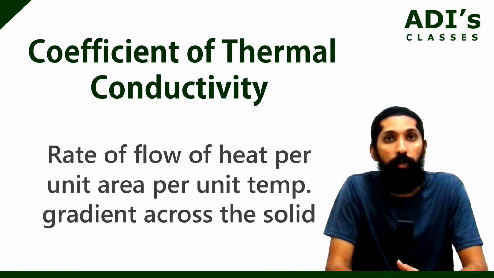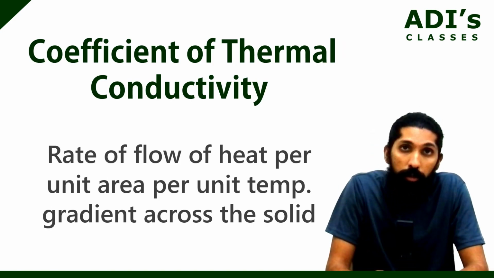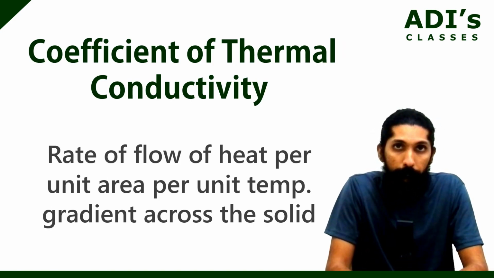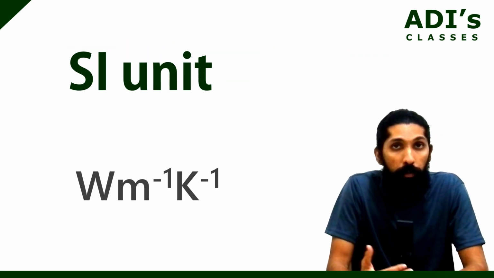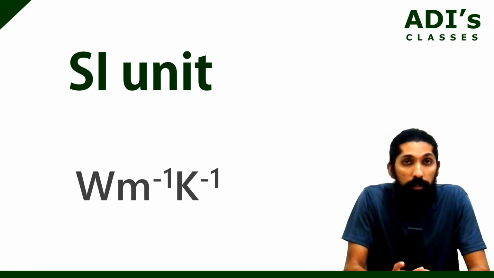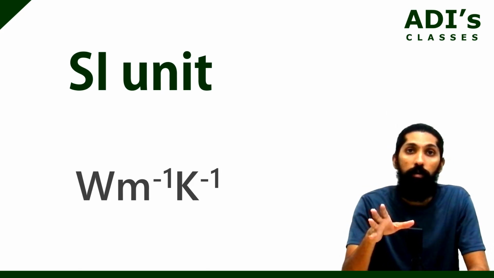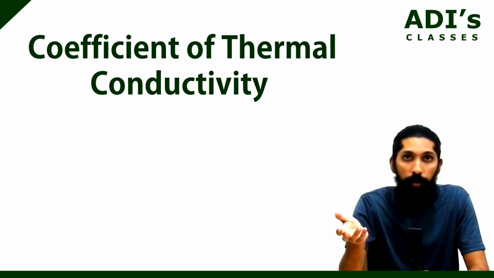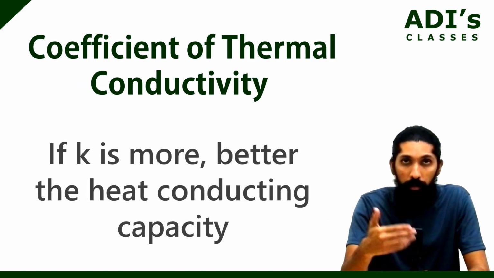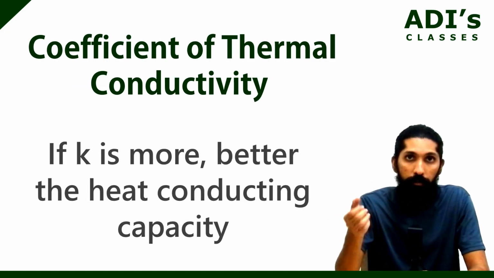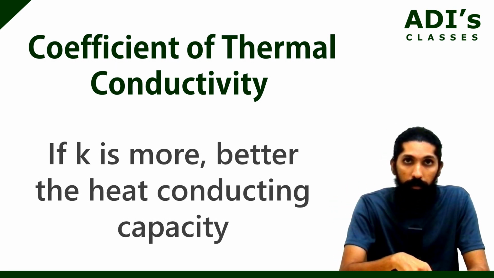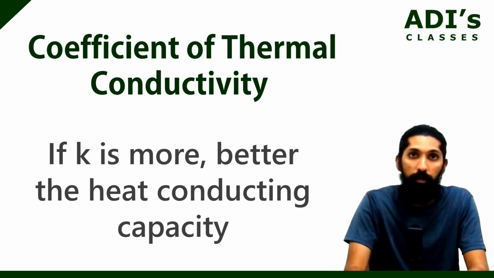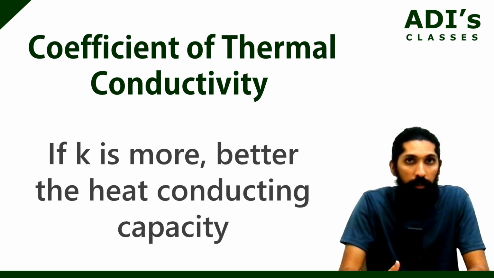This is what we call the coefficient of thermal conductivity. Alright, the SI unit becomes watt per meter per Kelvin. Clear? Now, the more the thermal conductivity value, the better the heat conductivity. The lesser the value, the lesser is the conductivity.